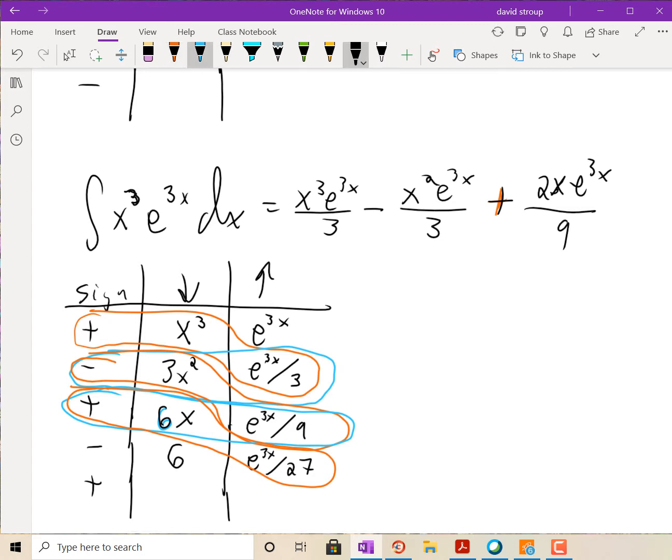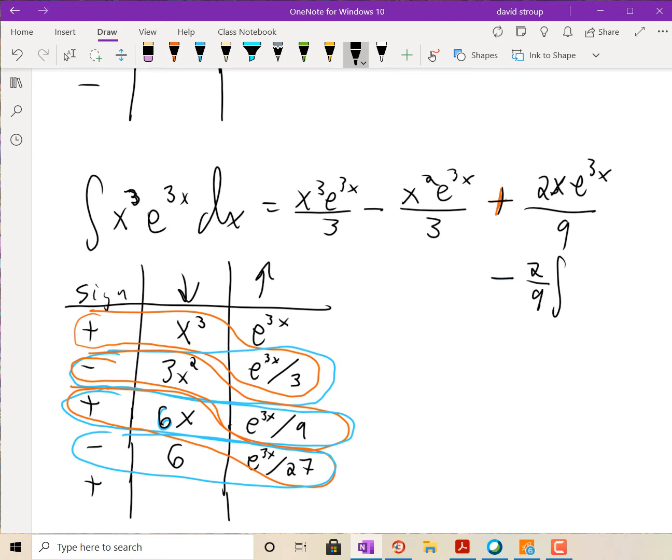And then again, you ask yourself if you can integrate this row, and I can. Okay, so I'm going to go ahead and then I have this minus. I can factor out the 6 over 27. So again, that's just going to be 2 all over 9. And then you'll have e to the 3x over 3.